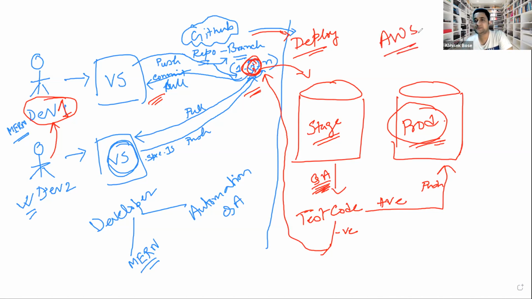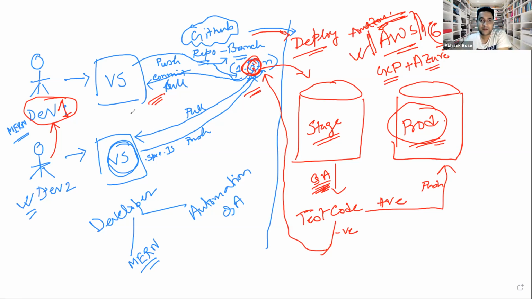Because AWS is basically a cloud provider, and it has a stake of around 60% of the global market. So this is very famous. Apart from that, we have GCP, that is Google, and Azure, that is Microsoft. This is Microsoft one, this is Google one, and this is Amazon one. So we are focusing on this Amazon one.